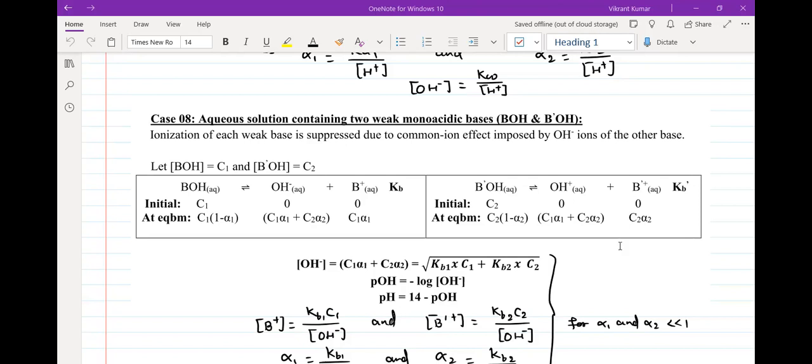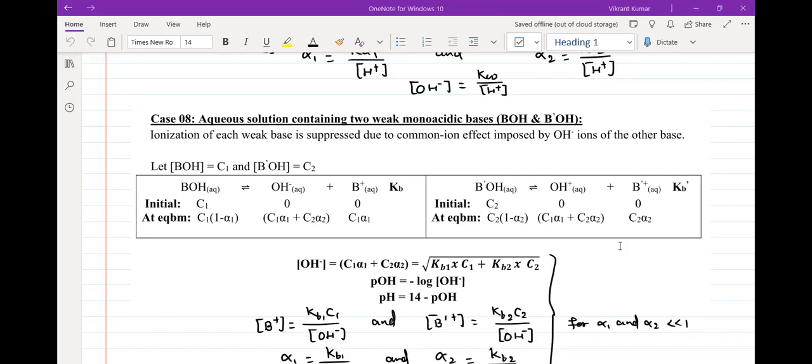And case 7 was weak monoprotic acid plus another weak monoprotic acid. So now we have covered all those cases in which acid and base are not coming together. We are having either acid only, or base only, or a combination of acids or a combination of bases. So far, we have not discussed any case in which acid and base come together.